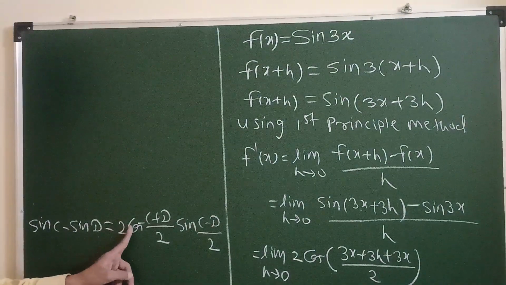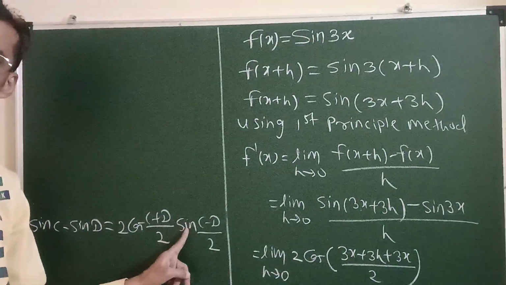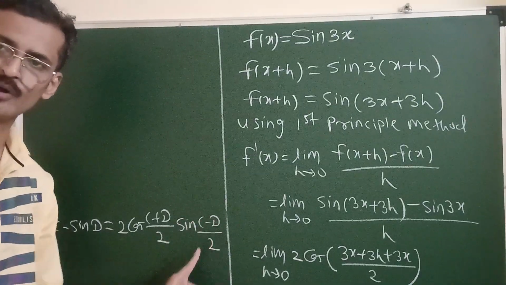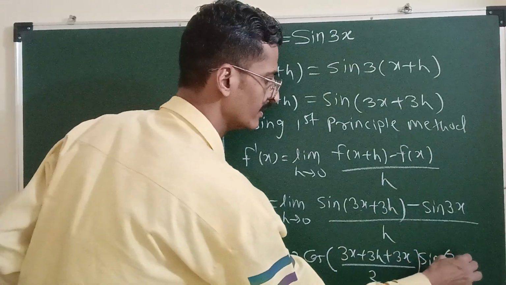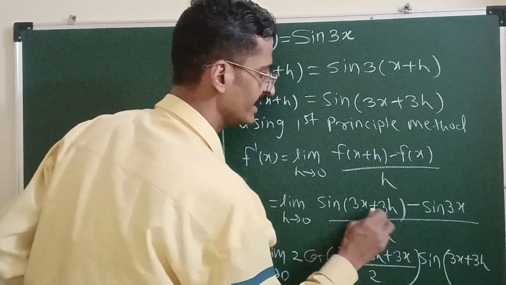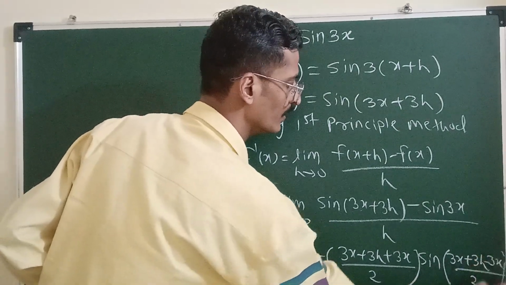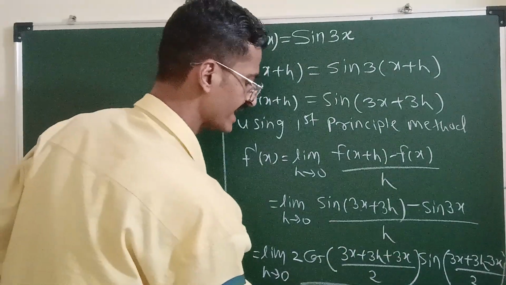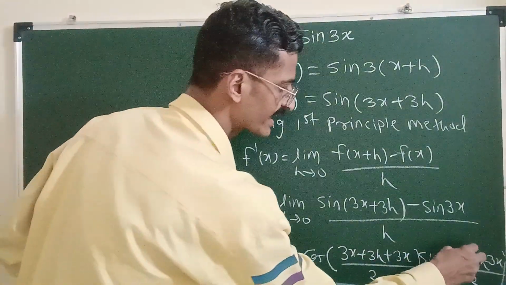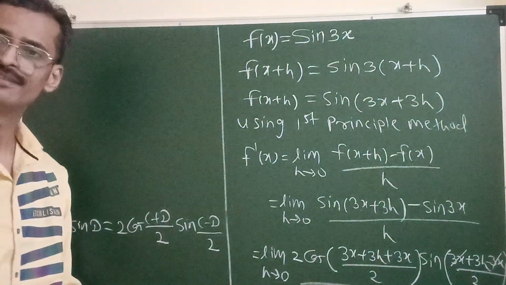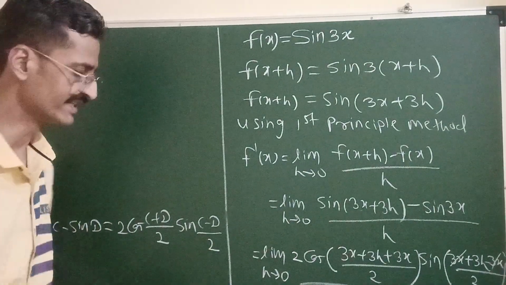Check this: 2 cos of (c plus d) upon 2 into sine of (c minus d) upon 2, upon h. Now cancellation, if possible. Check this, 3x and 3x with plus and minus get cancelled. Here all are plus, so not possible.